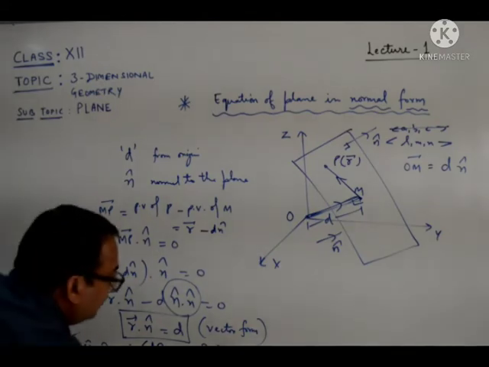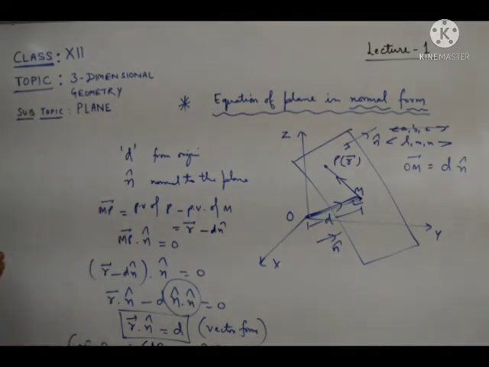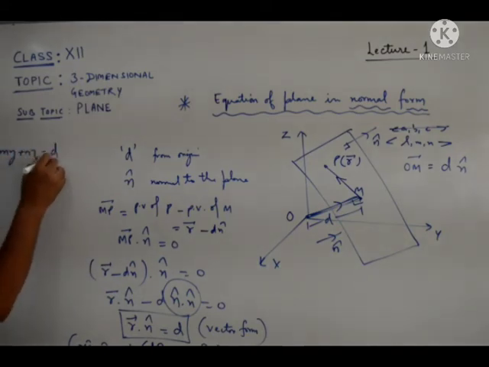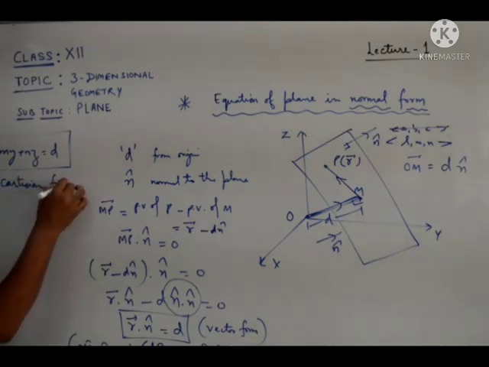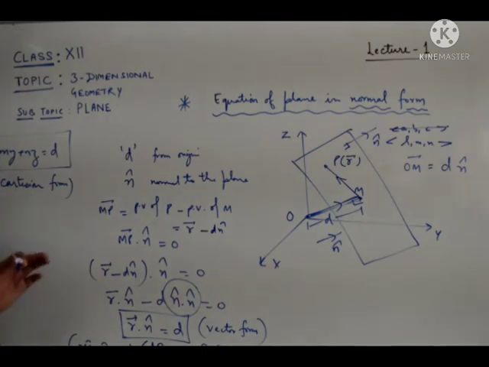Their dot product is equal to d. So we have the Cartesian form as Lx plus My plus Nz is equal to d. Always remember, l, m, n are the direction cosines, not the direction ratios, of the normal unit vector, and d is the distance of the plane from origin.